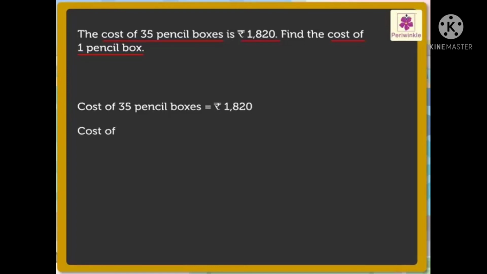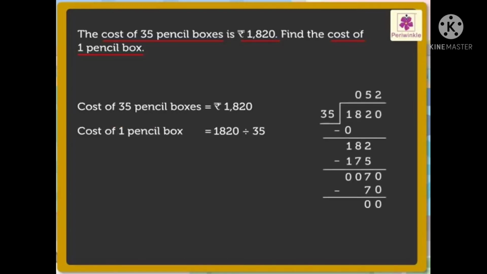Then, cost of one pencil box is how much? Therefore, to find the cost of one pencil box, we divide the total cost of pencil boxes with the total number of boxes. Let us do the division. So, we get the answer as 52. Thus, the cost of one pencil box is 52 rupees.